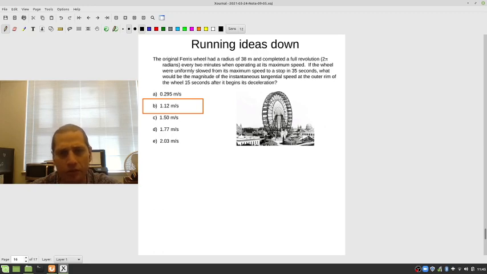Anyway, sort of an interesting footnote. The original Ferris wheel has a radius of 38 meters and completed a full revolution every 2 minutes. So the omega would be 2 pi over 2 minutes.